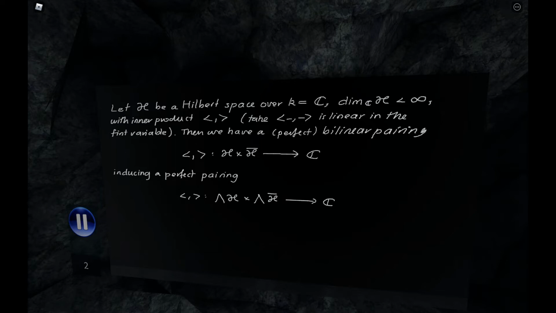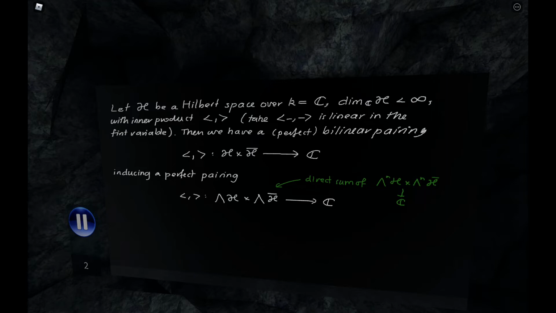Okay, so this is just the direct sum of the pairings defined on the previous board. In particular, wedge n H paired with anything in wedge m H bar, where n is not equal to m, will be 0. They're orthogonal.